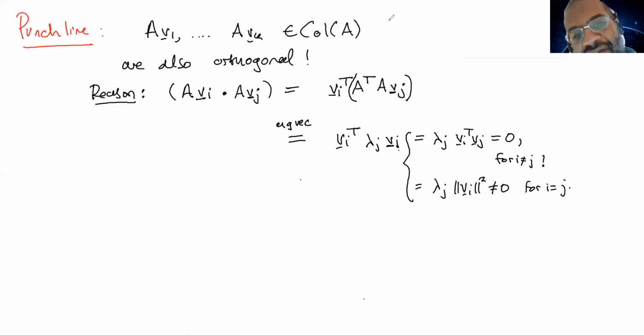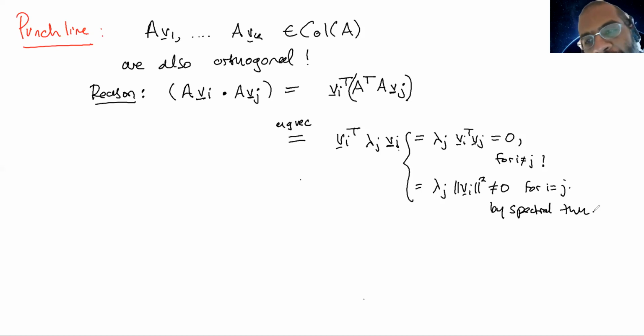It comes from the eigenvector equation, so this is all by the spectral theorem, because the Vi are orthogonal. Okay, so that's it. Somehow by finding an orthonormal basis of eigenvectors of A transpose A, I found this special basis, an orthonormal basis of the row space that gets mapped to an orthogonal basis of the column space.